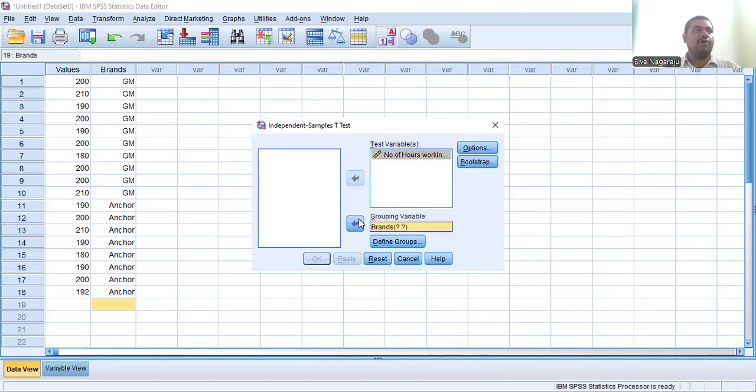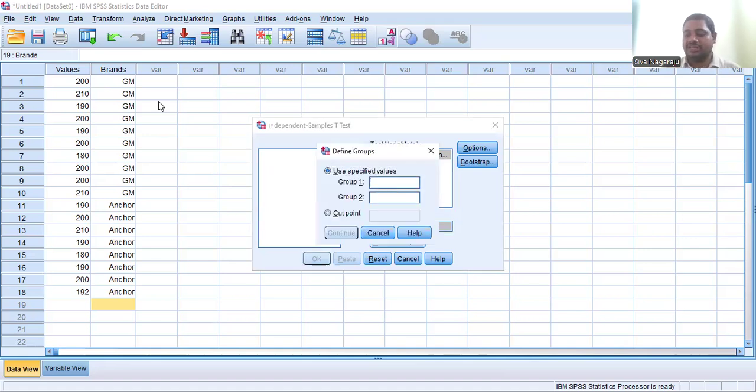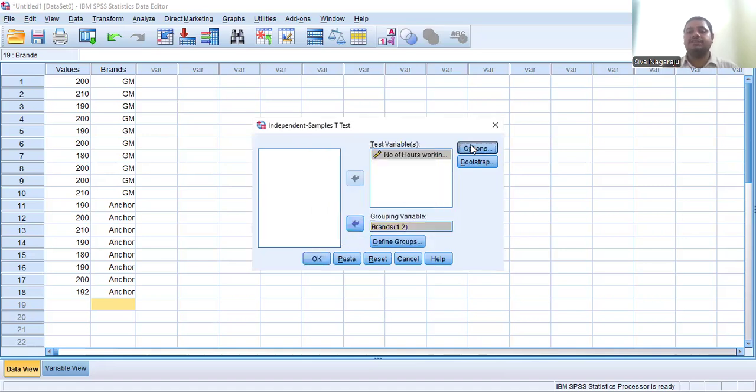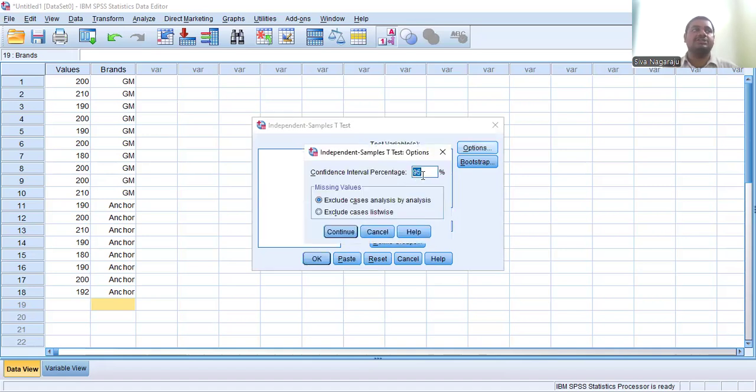You have to define group 1 and group 2, the GM group and the Anchor group. Here you mention group 1 as 1 and group 2 as 2. Then continue. Similarly, in the options, you can choose at what percent level you are going to calculate it, 95% or 99%. Usually we take only 95%, which means alpha equal to 5% level of significance. Then continue, then OK.